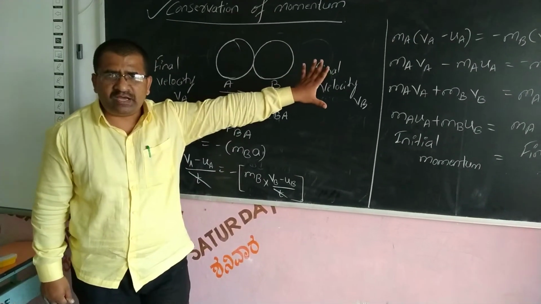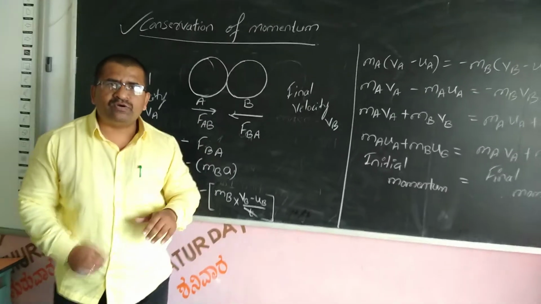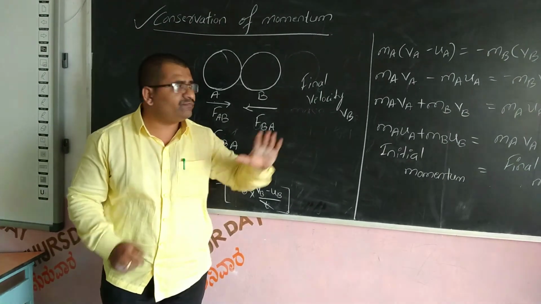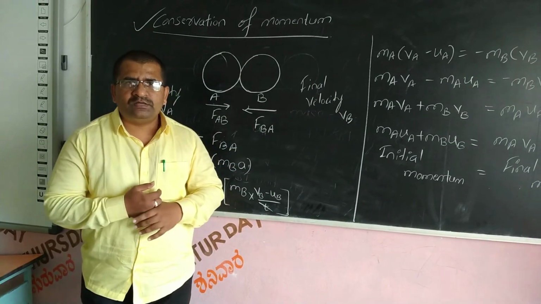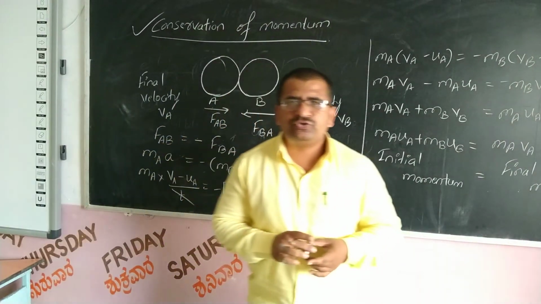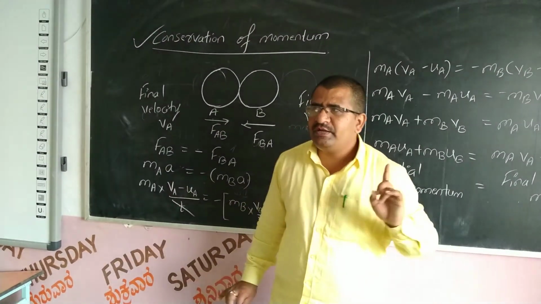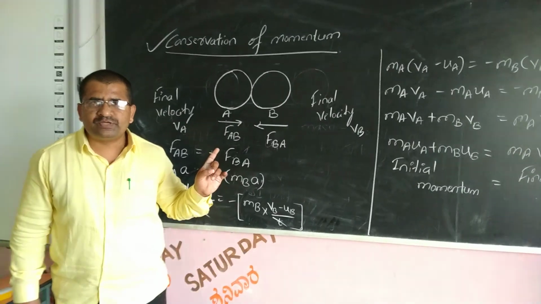Write down this derivation in your notebook and practice it. A long answer question on this will come for 3 marks, and the statement may come for 1 mark. You should be perfect in this, and in my next class I will solve the numericals. Thank you.